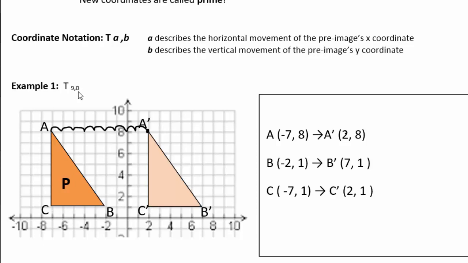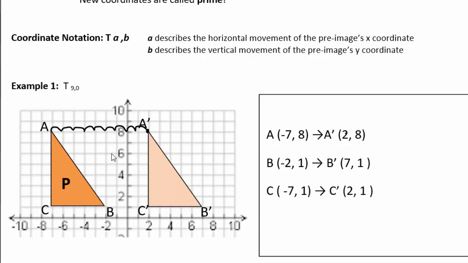And remember, 0 in the B position is our vertical movement, and it didn't have us move up and down at all, since that is 0. So these would be A prime, B prime, and C prime, the points of our image of triangle P after translation 9 units to the right.